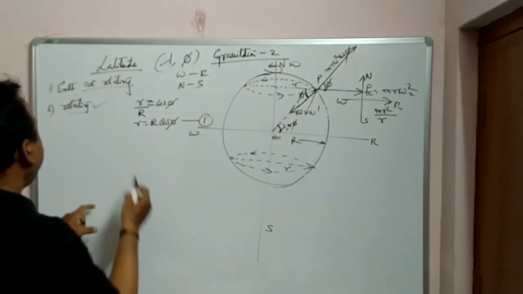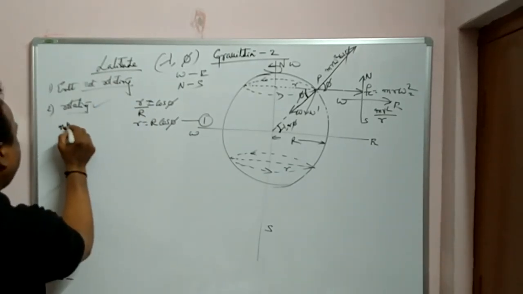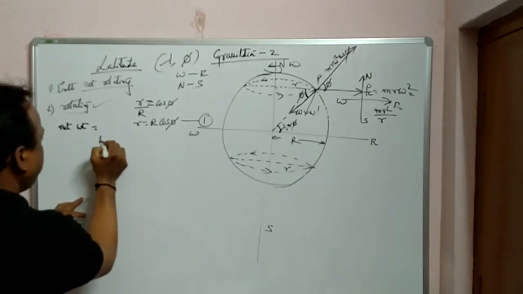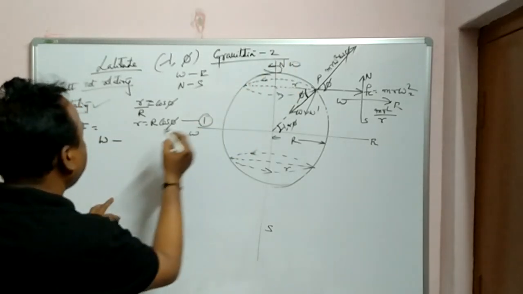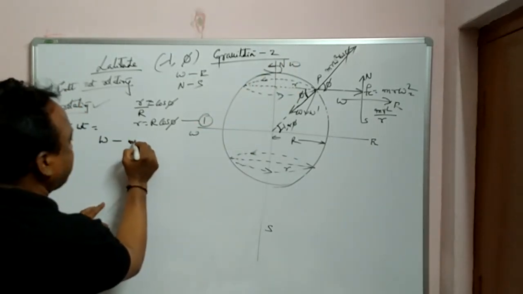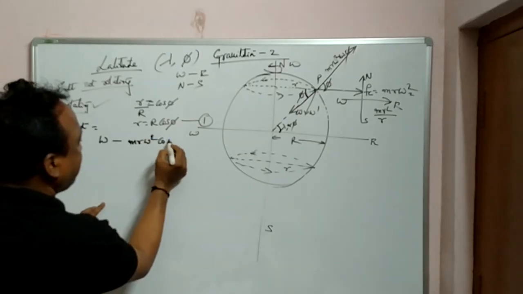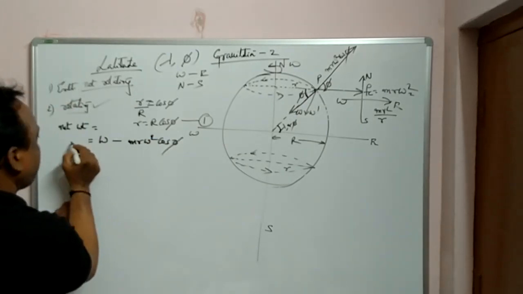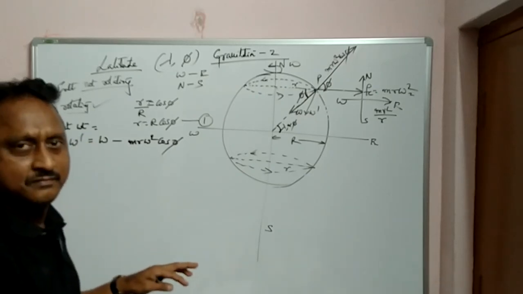The net weight of the body is given by the weight at rest W minus the component of centrifugal force, that is m r omega square cos phi. This is the net weight W dash.